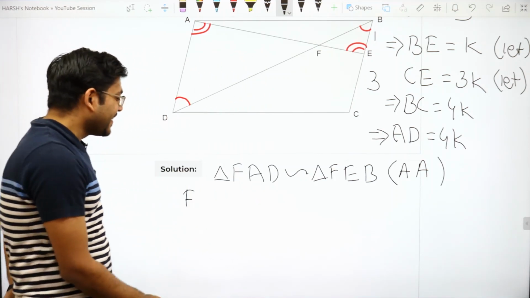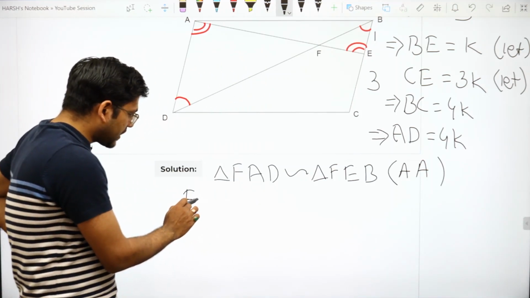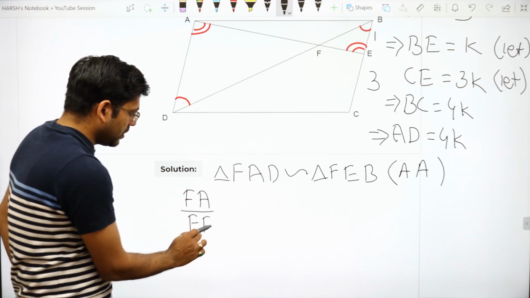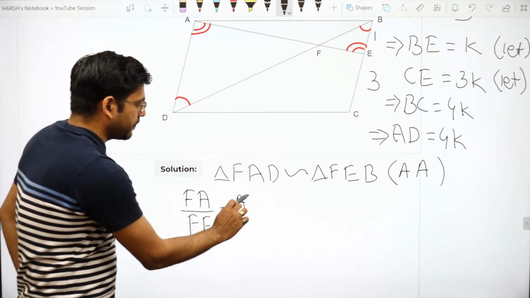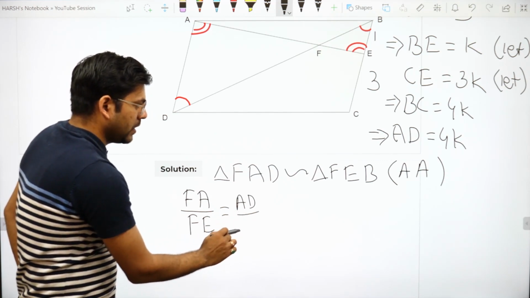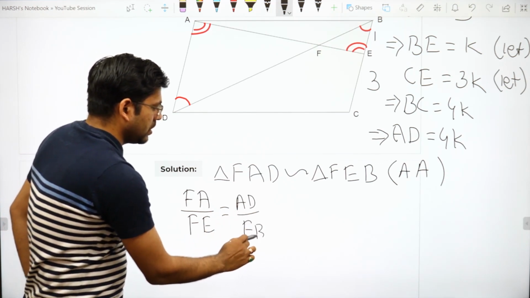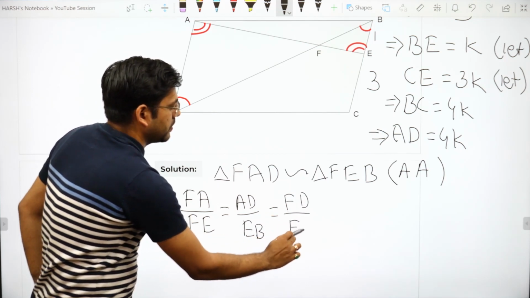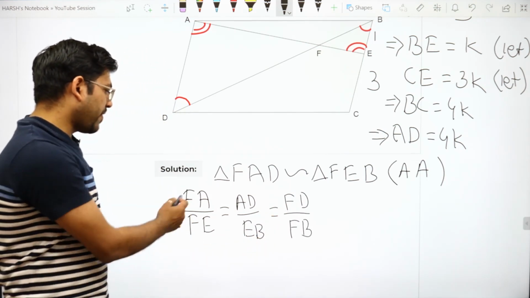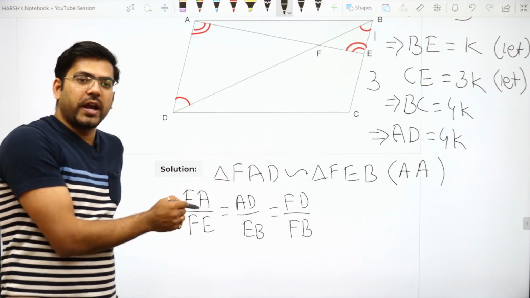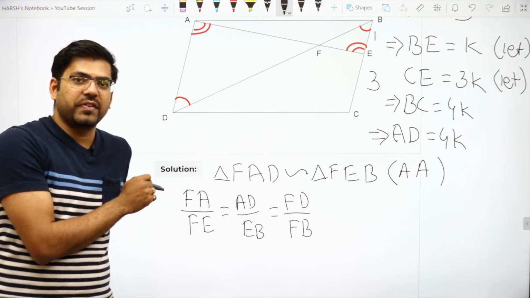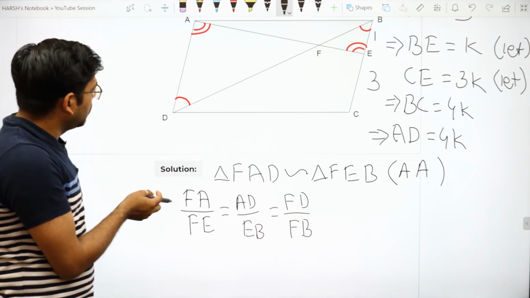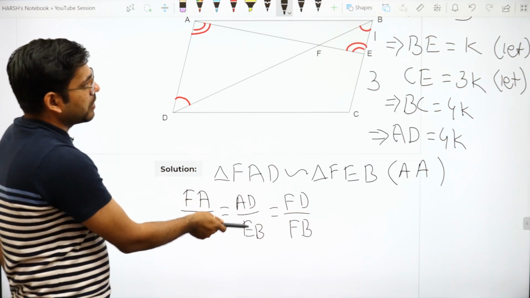It's an easy one. So now I can write down that FA divided by FE is equal to AD divided by EB is equal to FD divided by FB, isn't it? Now you know the values of AD and EB.